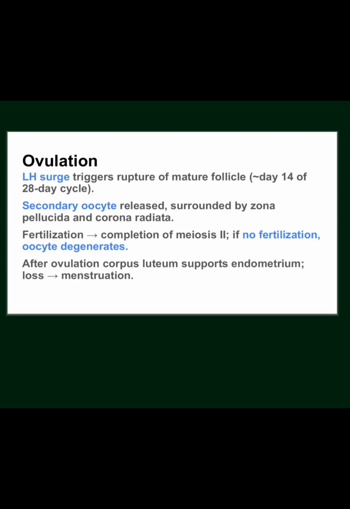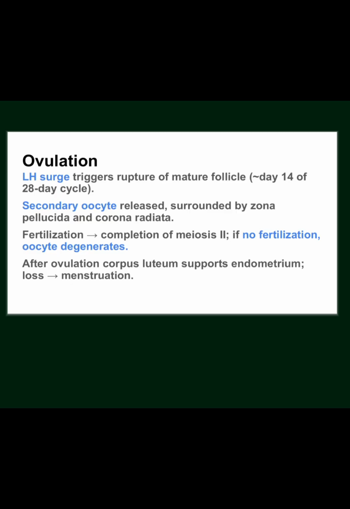After ovulation, the corpus luteum supports the endometrium, and if the egg is not fertilized, it ends up causing menstruation, because the corpus luteum degenerates to form a corpus albicans.